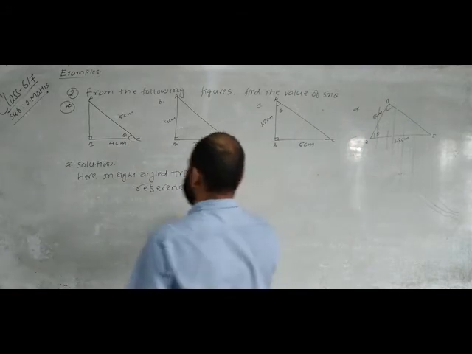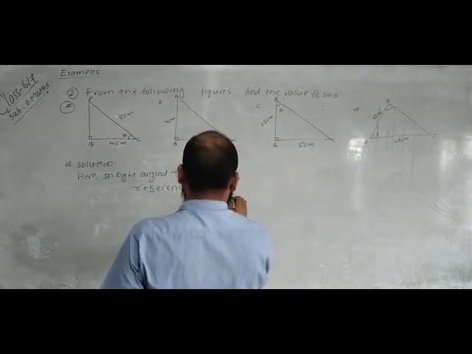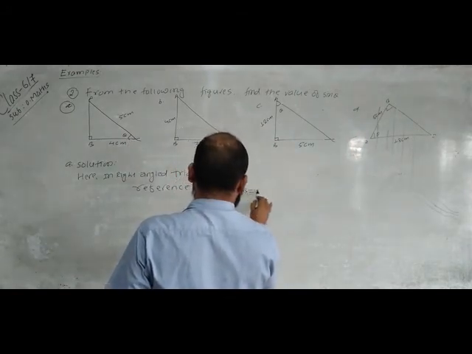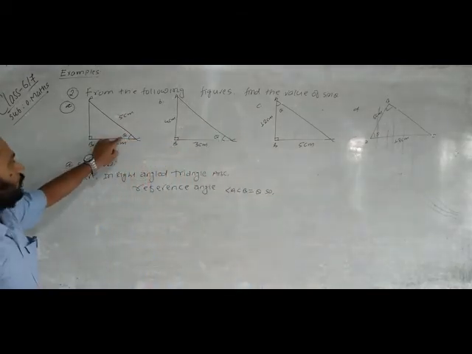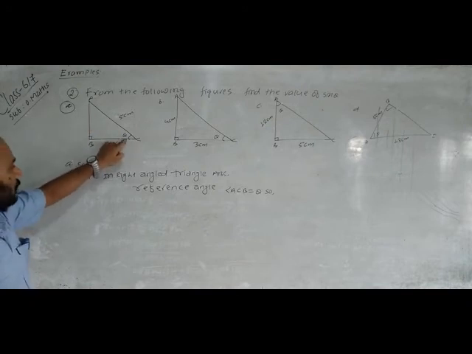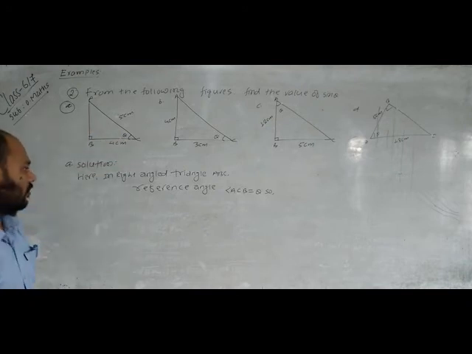This is here the reference angle. Reference angle ACB is equal to theta. So the angle which is given here, ACB, is theta, and so it is a reference angle.